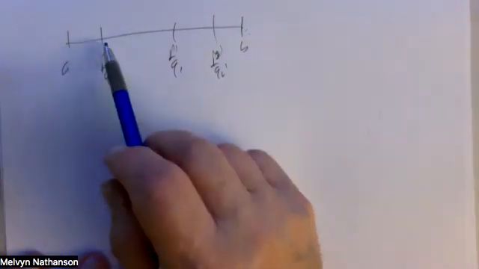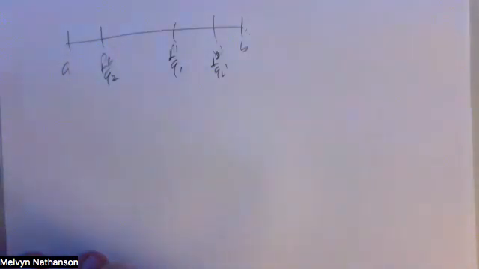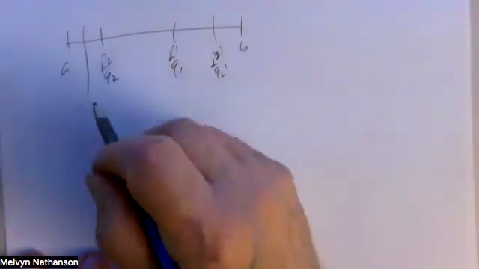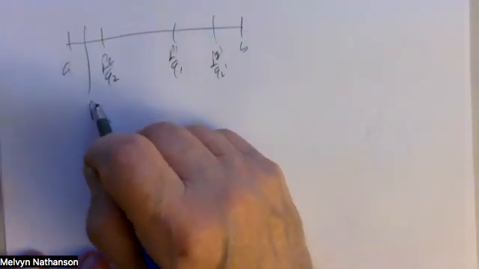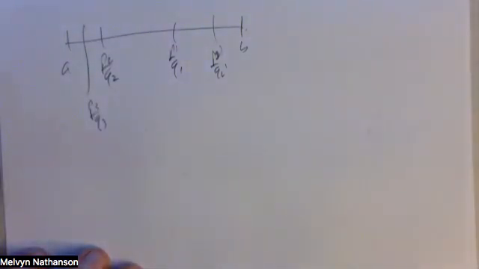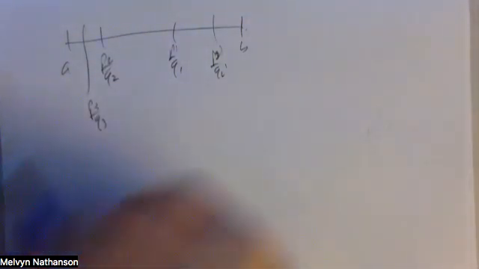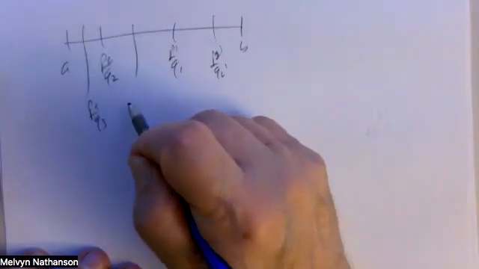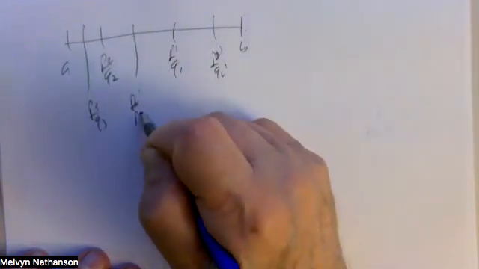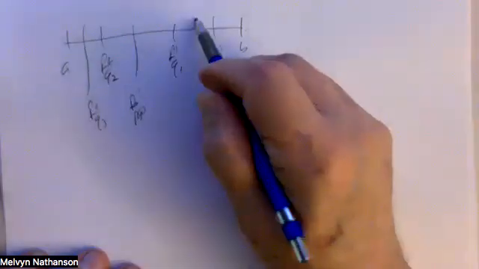Between this number and P2 over Q2, these are the two numbers, so there's a fraction. In here, this is going to be a fraction. And here and here.